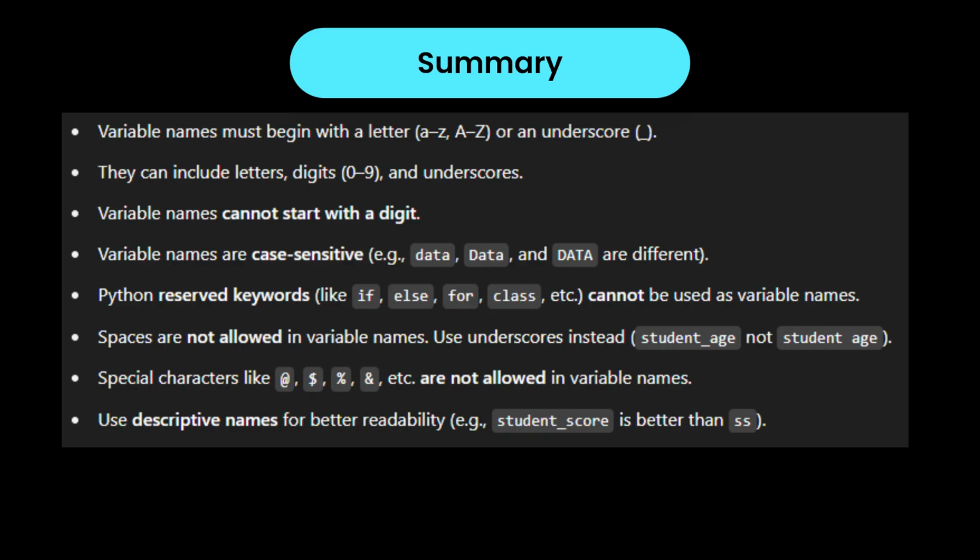Next, you can only use letters, numbers, and underscore in the name. That means no space and definitely no special characters like dollar signs or percent symbols. Variable names are case sensitive, so data with all small letters, Data with the first D capital, and DATA with all capital letters are all different variables.